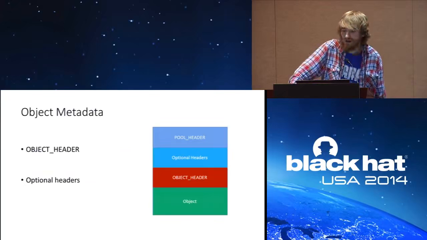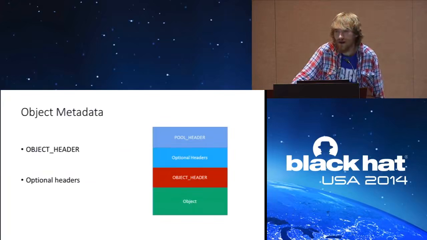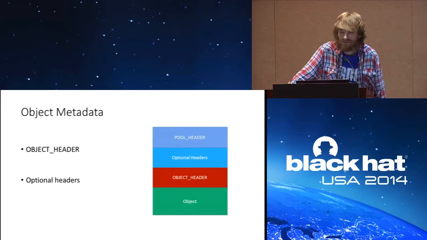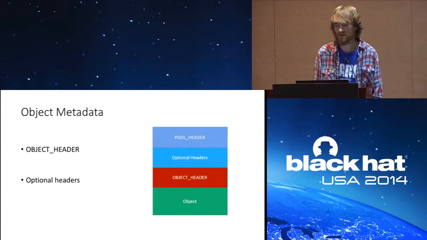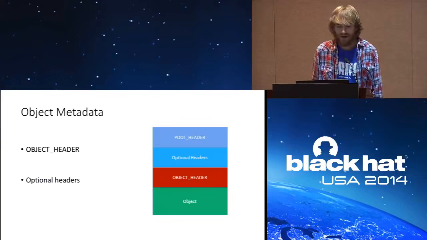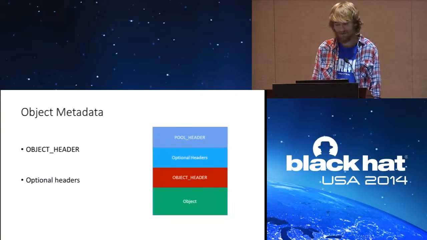When you create some object, for example a file using CreateFile, events, or semaphores, the object manager creates the object. Of course, it uses some pool memory, so there is a pool header, but the pool header is just a container. Following it are optional headers. Depending on the type of object, there could be several.